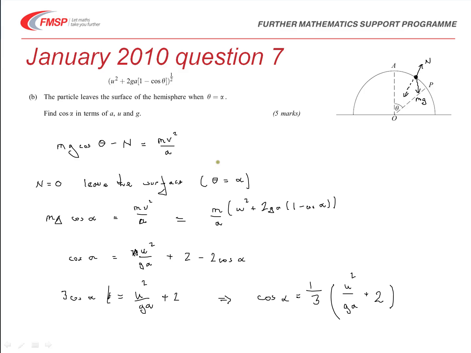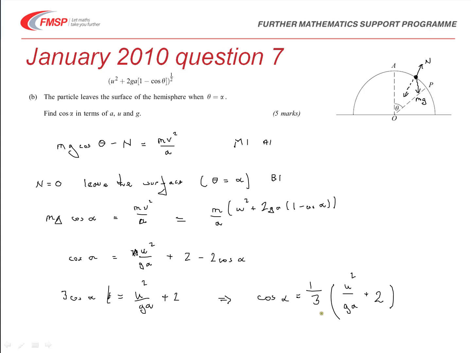5 marks. Again, a method mark at this point for understanding you're using the radial forces towards the centre of the circle, and an accuracy mark for the correct statement. And expressing the fact that N is equal to 0 at the point at which the particle leaves contact with the surface, I'll give you a mark.